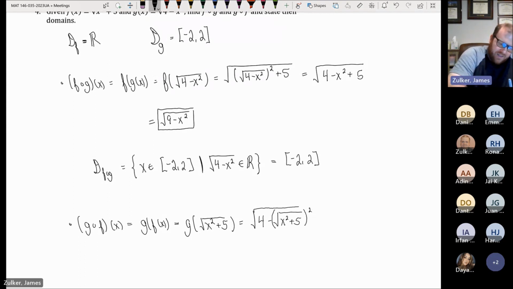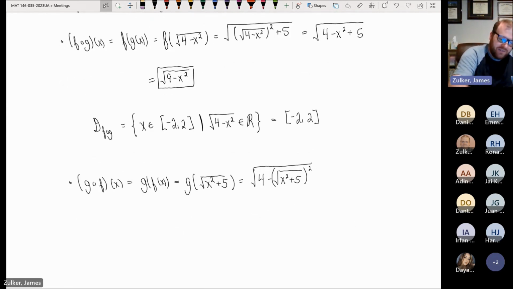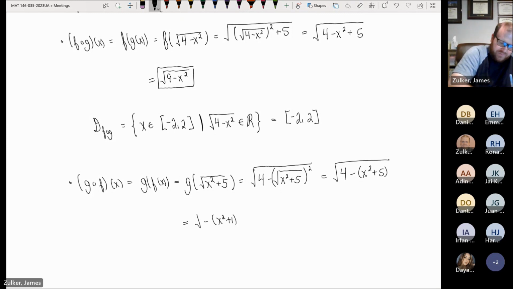All right, we're replacing x in G of x with the square root of x squared plus 5. And you should find that gives us the square root of negative quantity x squared plus 1.